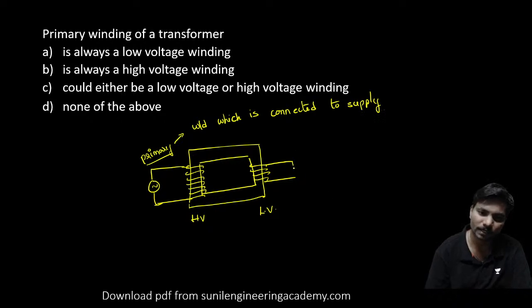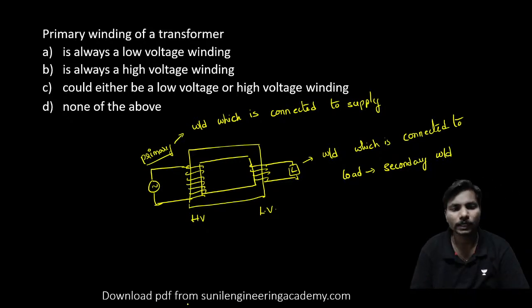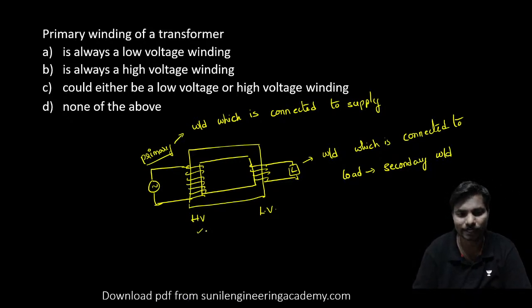In the same way, the winding which is connected to the load is considered the secondary winding. All of you clear? In any transformer we have two windings, LV and HV windings only.